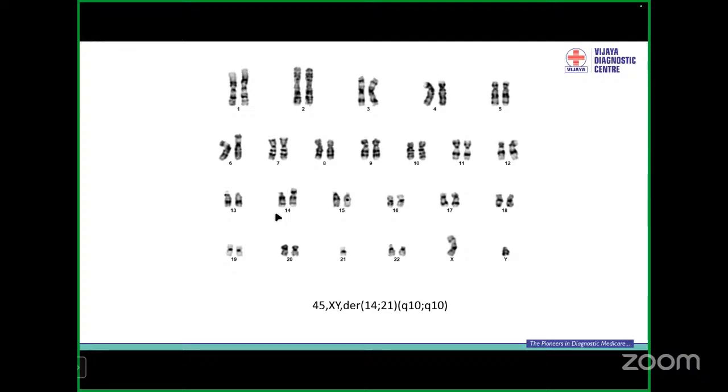If you see here, on chromosome 14, chromosome 21 is sitting, and this is called a derivative chromosome, Robertsonian translocation. Now, this individual is fine, but when he gives this Robertsonian translocated chromosome, then it ends up in monosomy or trisomy in the fetuses in the next generation.